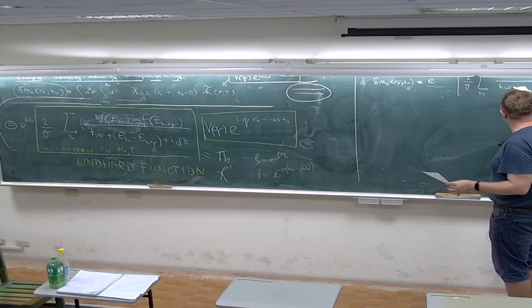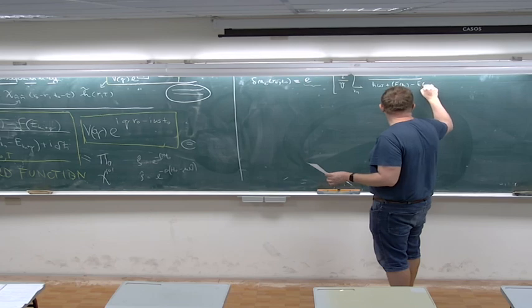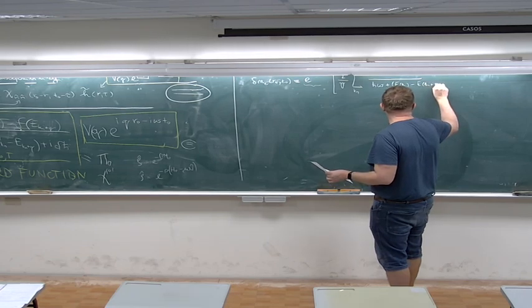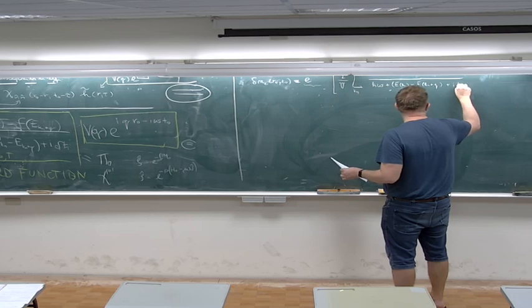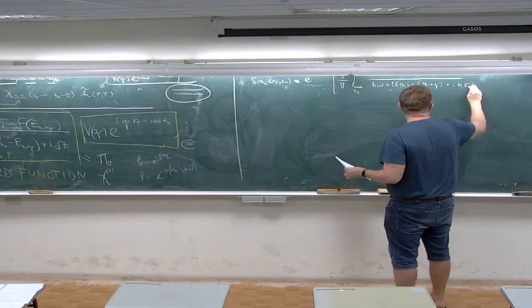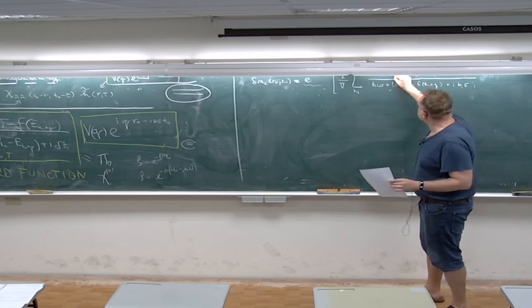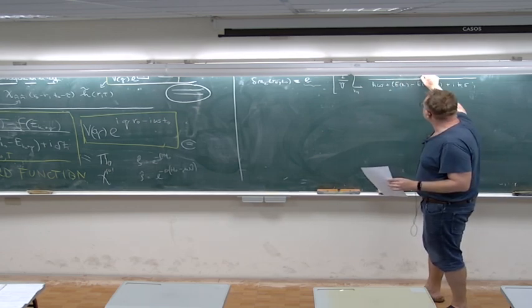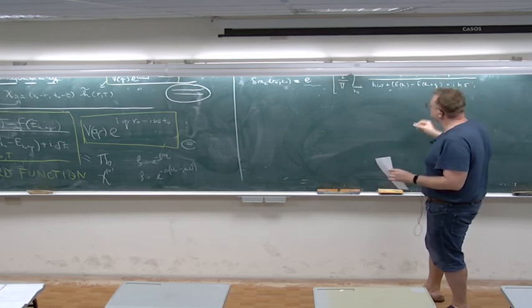Important thing is the structure of this denominator. This is the energy of the state Kn minus the energy of the state Kn plus Q, plus i times delta. And then I have these probability factors. Before I had P for the state Kn minus P for the state Kn plus Q. Okay, let's keep it like that.